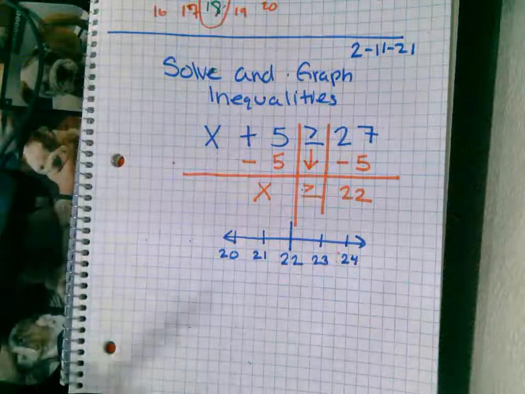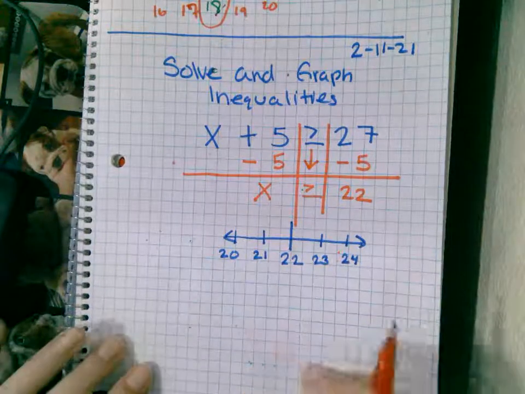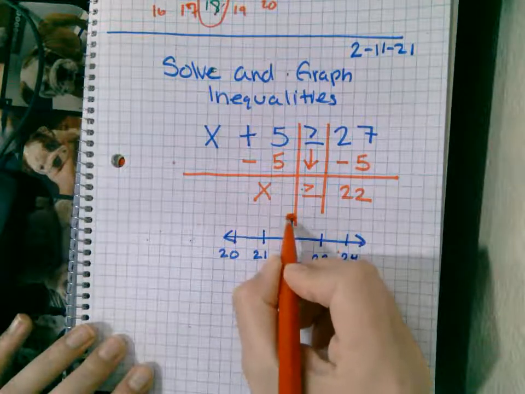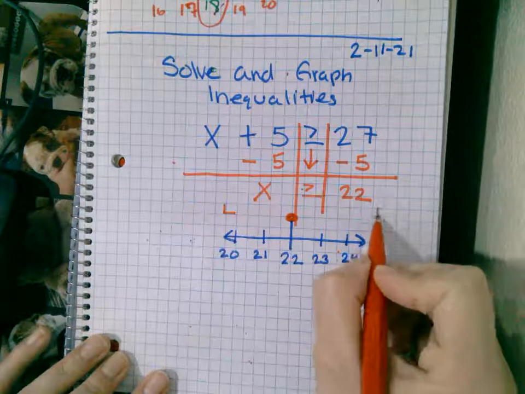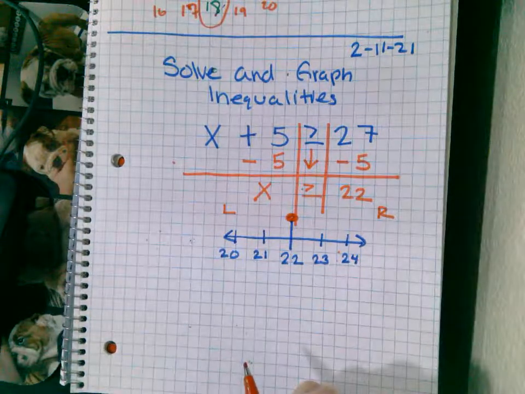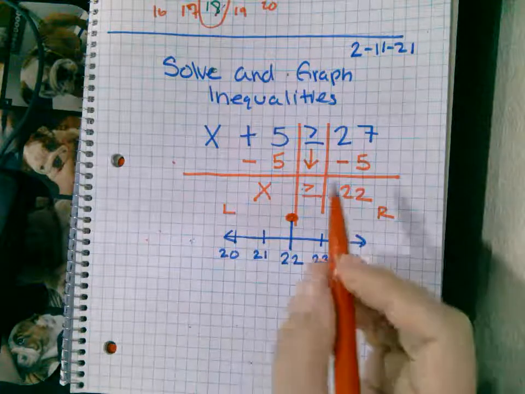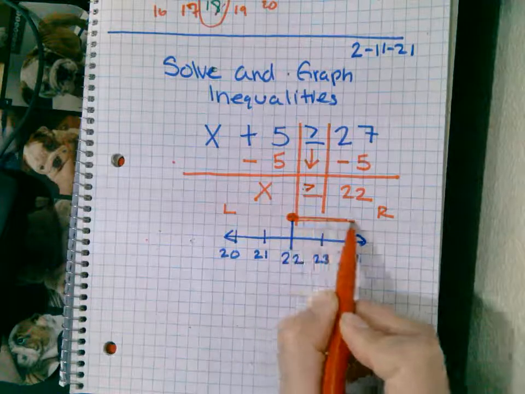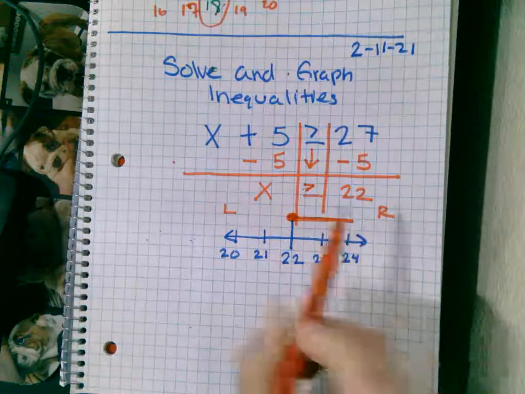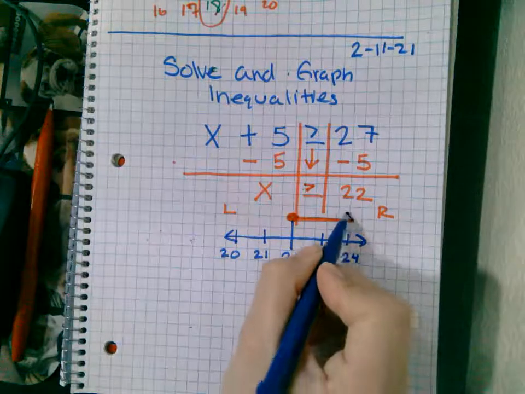Okay, open or close circle? Close. So that still stays the same. No difference. Are you going to shade to the left or are you going to shade to the right? Right. So this arrow is pointing to the right, so we're going to shade to the right. Literally going to do the same inequality that you see there.